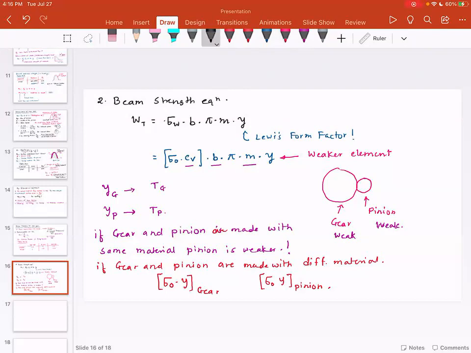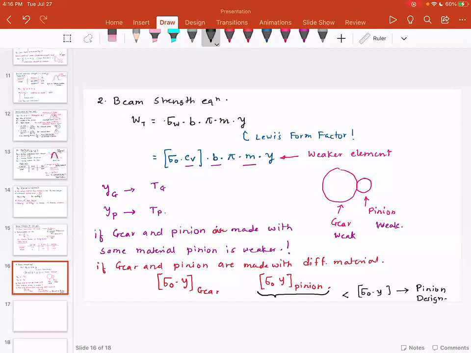If the pinion's sigma O times y is less, then we proceed with pinion design. But in some cases, because of the different material, if we notice the gear is weaker, then we have to continue with the gear design. That is an important step at this point. Sometimes it's called the strength factor.